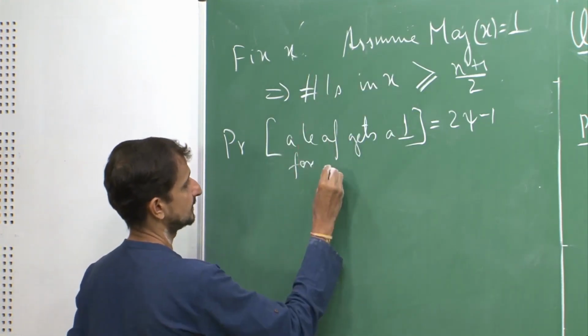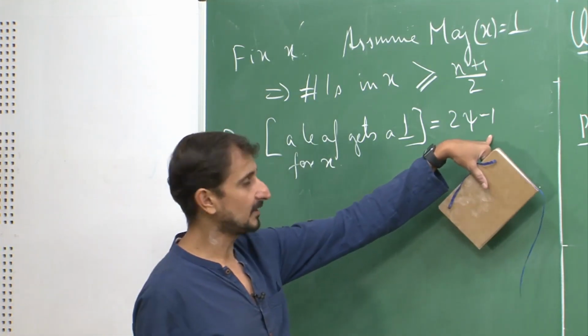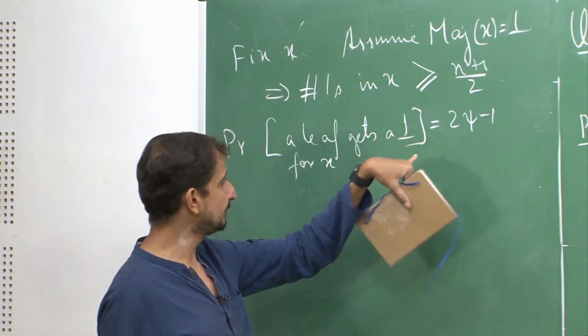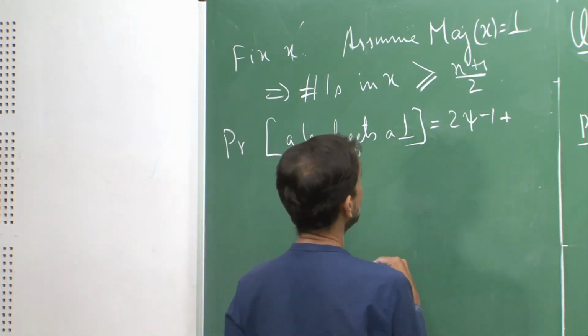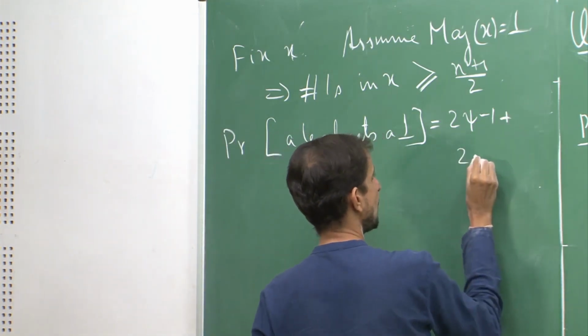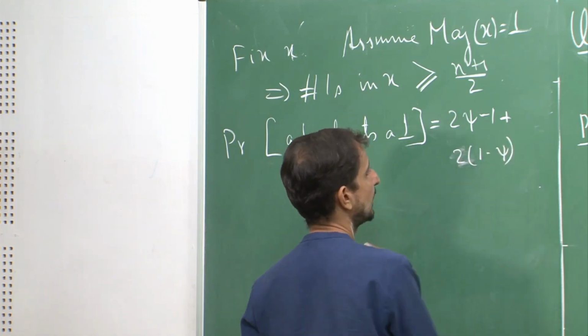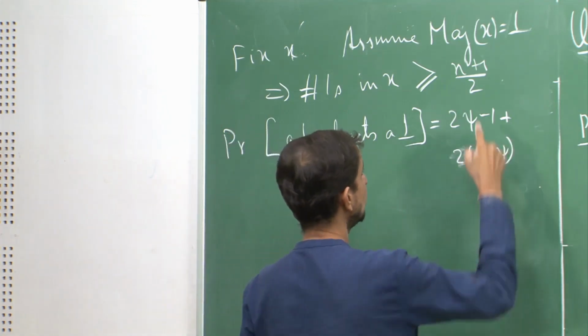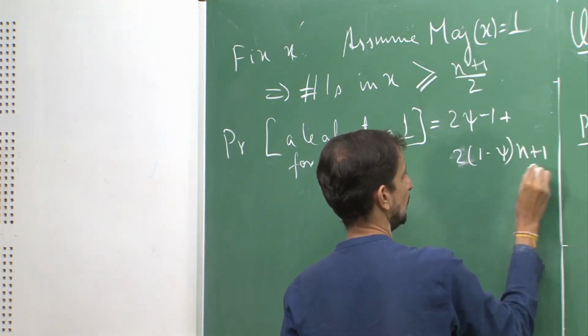So, for this x, what is the probability that a variable gets a value 1? There are twice 1 minus psi many variables, and at least these many of them are 1s. Okay.